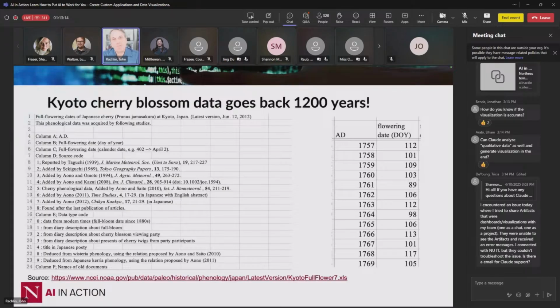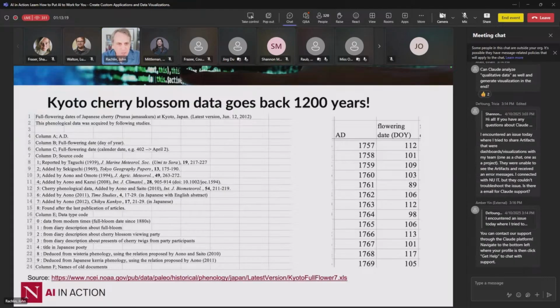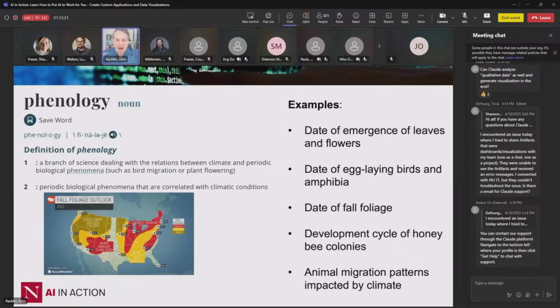And the question is now, how has that changed, or has that changed? And are there implicit trends in the data that we could examine? So I want to mention before I show you the result of doing this analysis with Claude that this is part of the broader science of phenology. This is the science of periodic changes in the natural world, particularly as impacted by the climate and climate change.